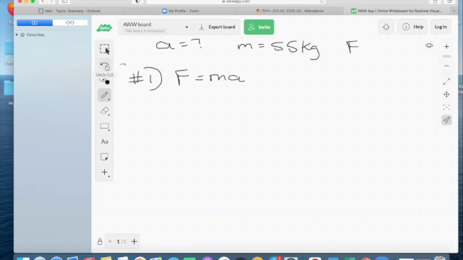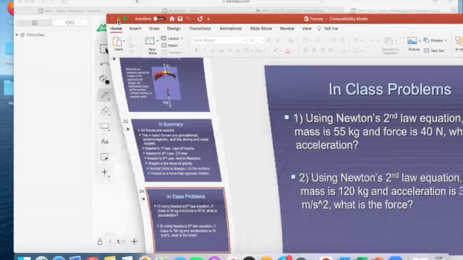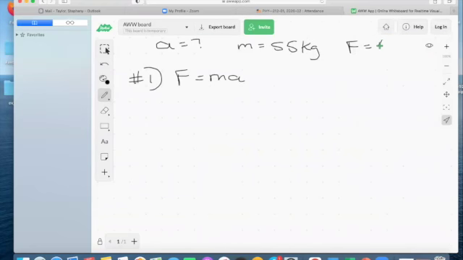And then they gave us the force, which was 40 newtons. To get our acceleration by itself, we need to divide both sides by the mass.